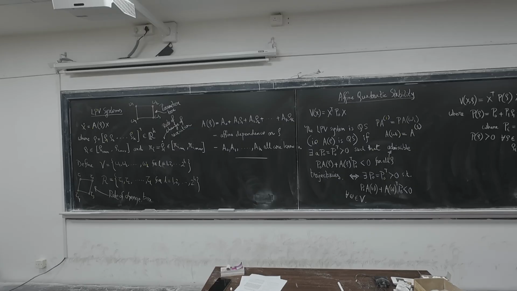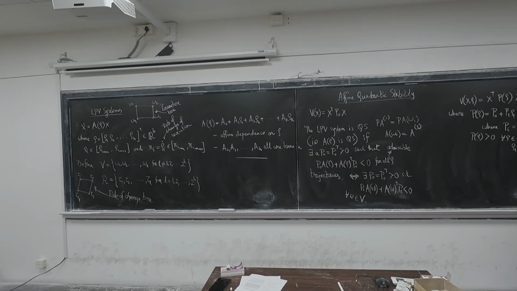But even in this case, we consider all these parameters rho to be not time dependent, although they can vary within a known range. Suppose you are doing the experiment on that particular system. The parameters can vary, but they are time invariant. What does that mean?